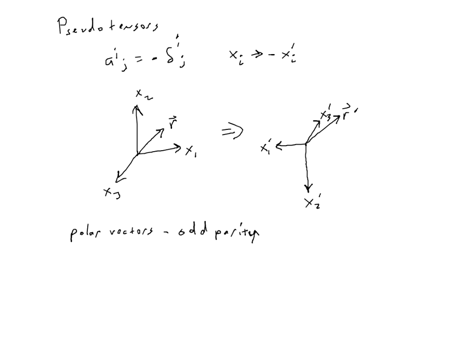What happens with a pseudo-vector is that you have even parity, where the exact opposite happens. You flip the coordinates and the sign of the vector stays the same.